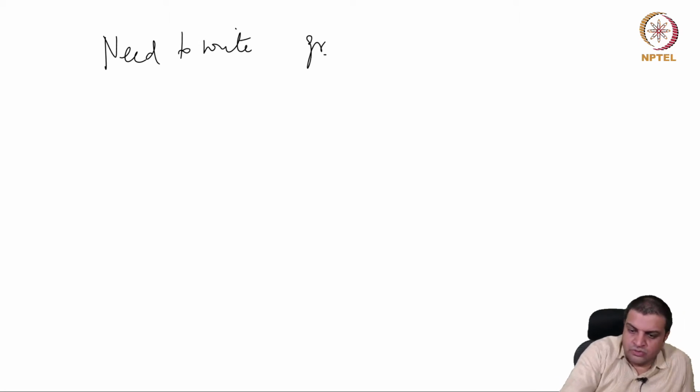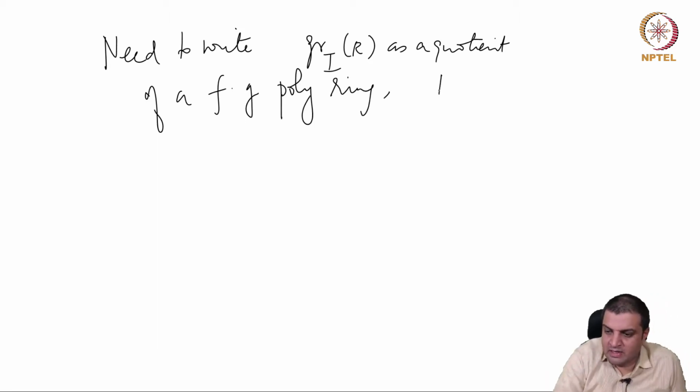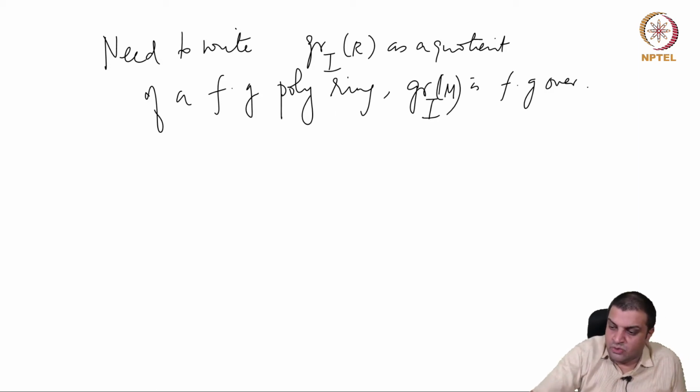How would we do this? We first have to write the associated graded ring for I as a quotient of a polynomial ring. So we need to write the associated graded ring of R as a quotient of a finitely generated polynomial ring, and then the associated graded module of M is finitely generated over it.